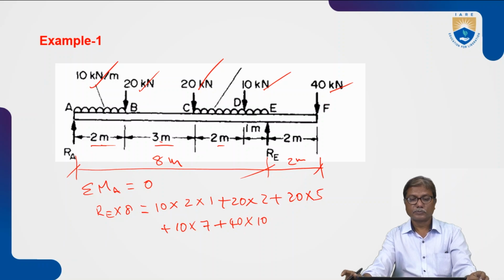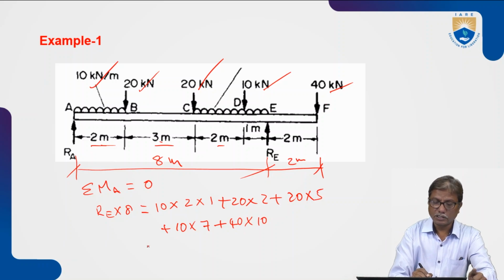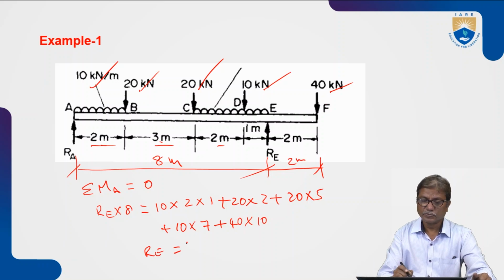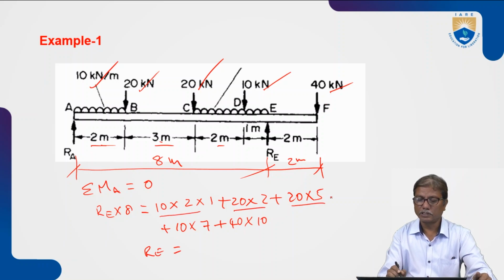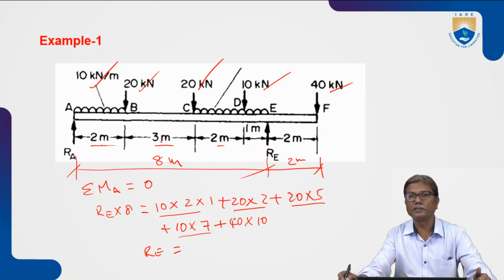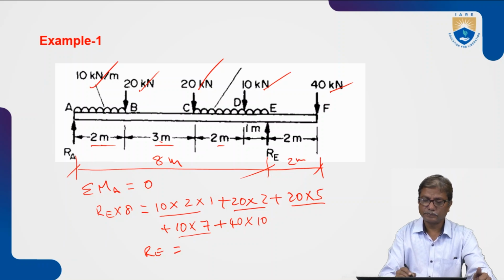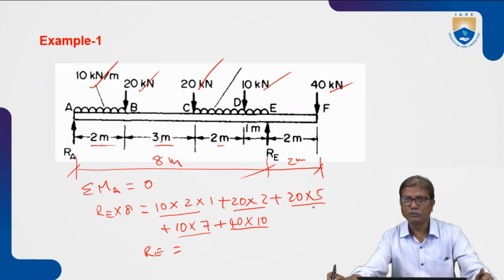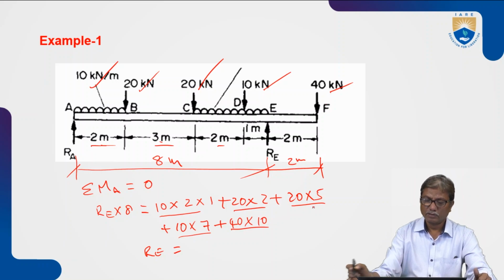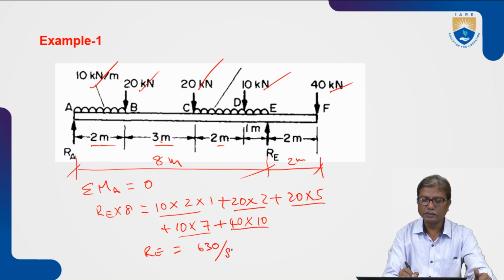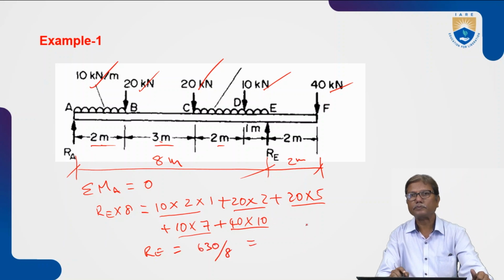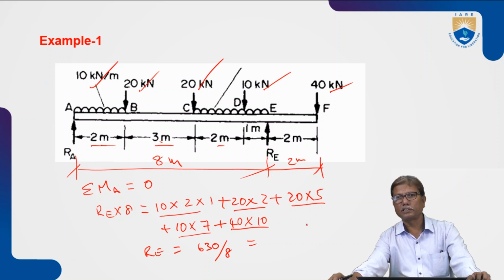So the reaction RE is 20 plus 40 plus 100, that is 160, plus 70, 230, plus 400, 630, divided by 8.